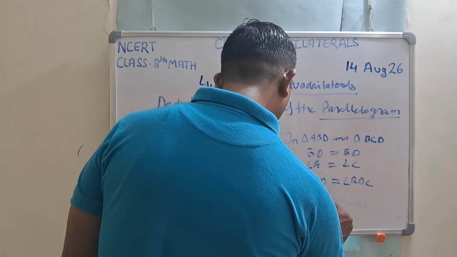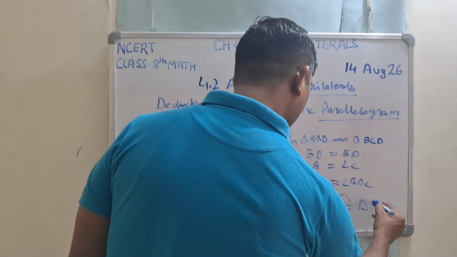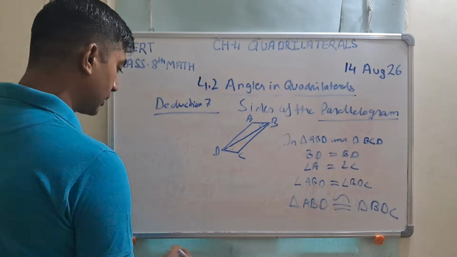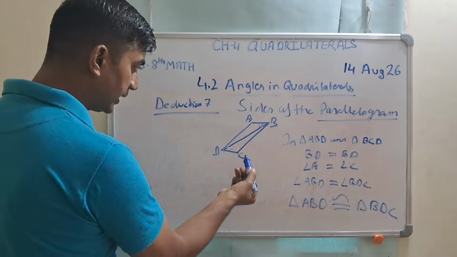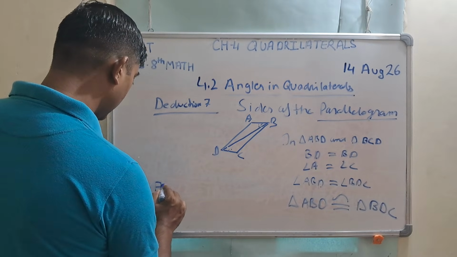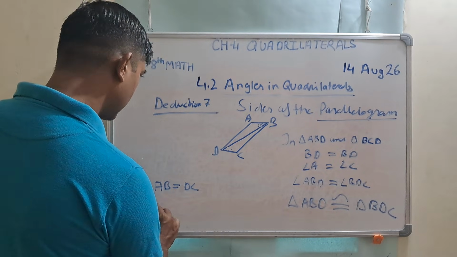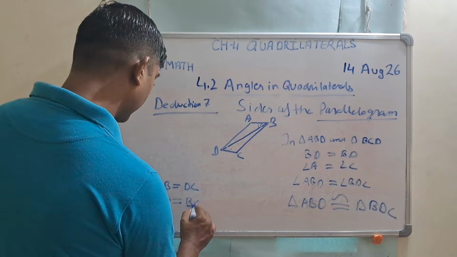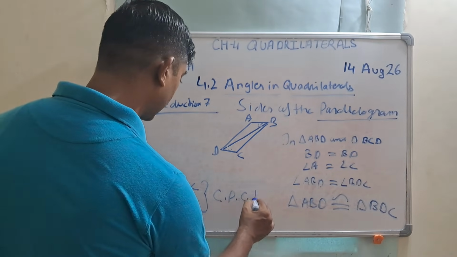Triangle ABD becomes congruent to triangle BDC, which gives us the result that when we see the corresponding parts of the triangles, AB is equal to DC and AD is equal to BC, by corresponding parts of congruent triangles.